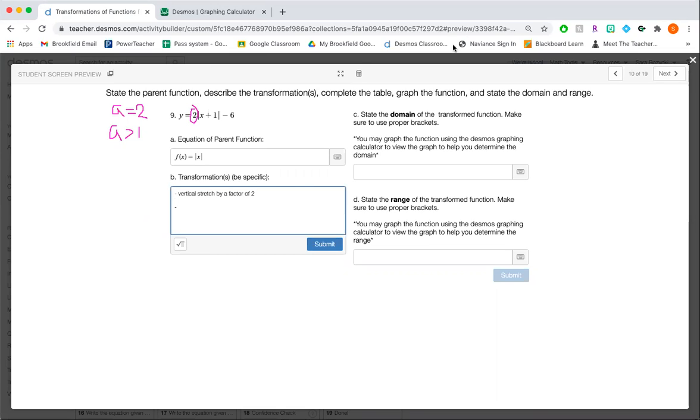And then I have a plus 1 on the inside of my function. The plus 1 on the inside is a horizontal shift left 1 unit. And then minus 6 on the outside is my vertical shift, and we're going to go down 6 units.